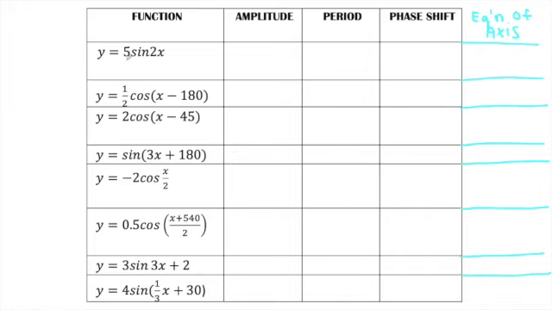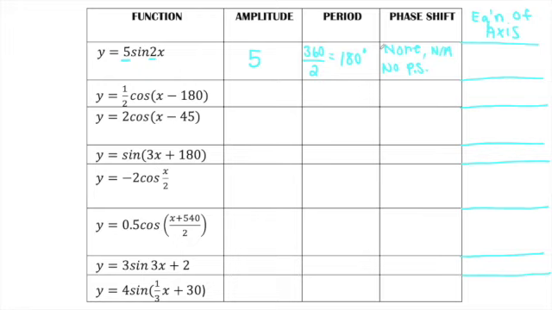So amplitude, I'll do the first one with you. Amplitude would be 5. Easy. Your period is normally 360 degrees. You have to take and divide it by whatever your K value is. So your period is now 180 degrees. We have no D value, so our phase shift is either none, not applicable, or you can write no phase shift.